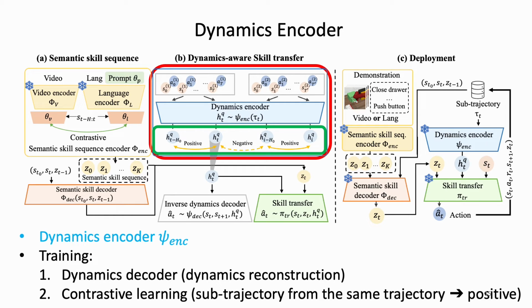For training our dynamics encoder, sub-trajectories from the same trajectory are defined as positive pairs. This method helps in learning representations that are discriminative for the dynamics of the environment, facilitating the agent's ability to adapt to varying conditions by recognizing similarities and differences in environmental dynamics.